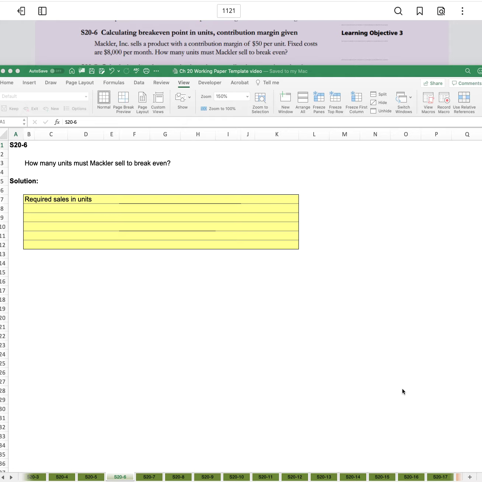And so remember that our required sales in units is equal to our fixed costs plus target profit, divided by our contribution margin per unit. And let's put this in parentheses really quickly since I didn't use separate lines.